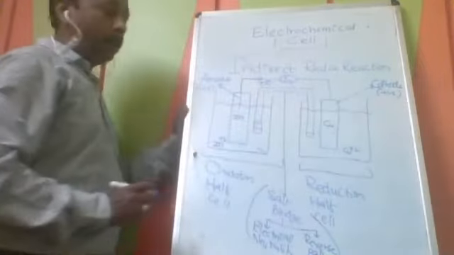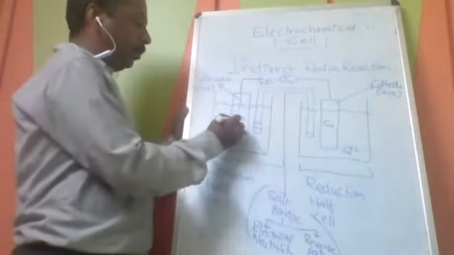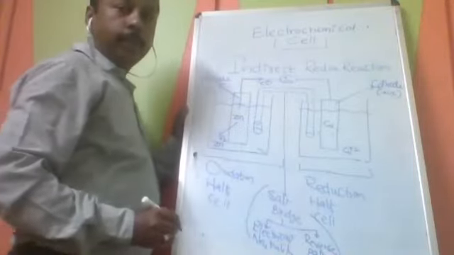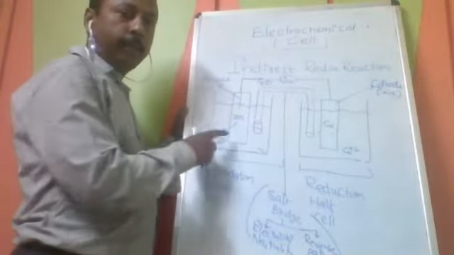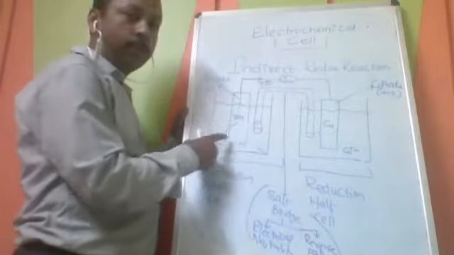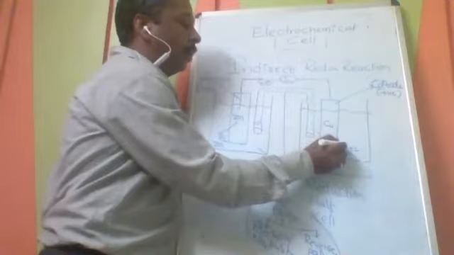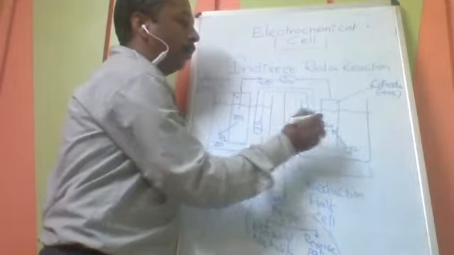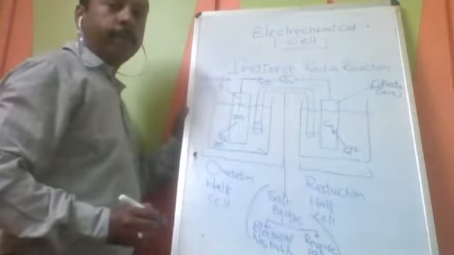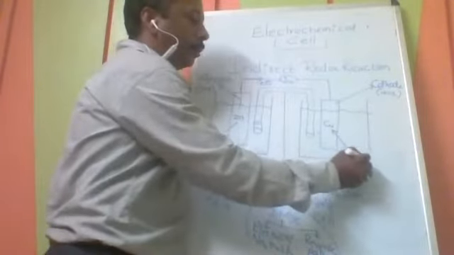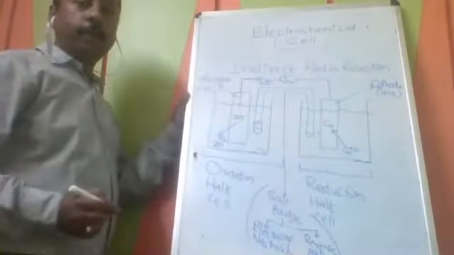So there will be oxidation here. Oxidation means the ion movement will be from electrode to electrolyte. And here it will be in the opposite direction, from Cu2+ to copper, that means from electrolyte to electrode. So the direction of flow of ions, is it understood?